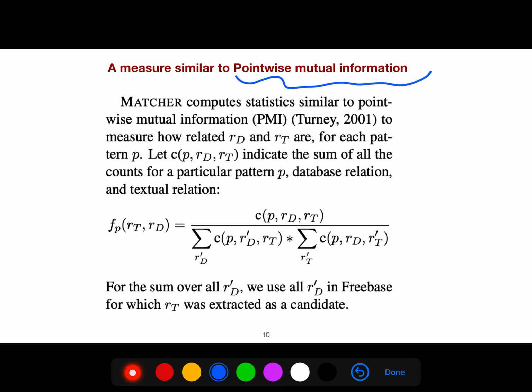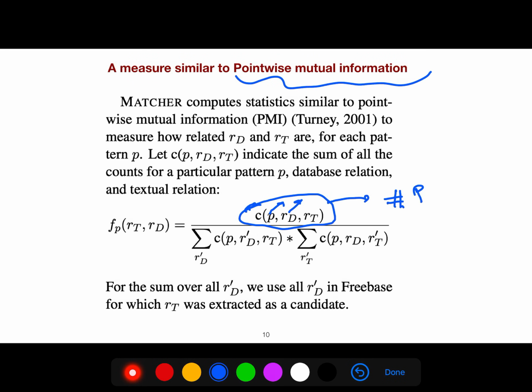So C here indicates the sum. This C indicates the sum of all counts of a particular pattern. The pattern is P, for example. This P is the pattern. It's the sum of all counts of the particular pattern.